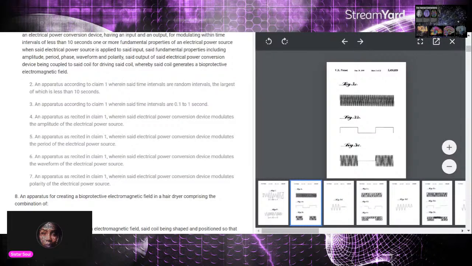Doing what? Manipulating the nervous system. It told you in the beginning, the first thing it said, to manipulate the nervous system. An apparatus, according to Claim 1, wherein says the same intervals, certain seconds, so on and so forth, that just goes on. Hair dryers, heavy heating coils, these things affect you as well.